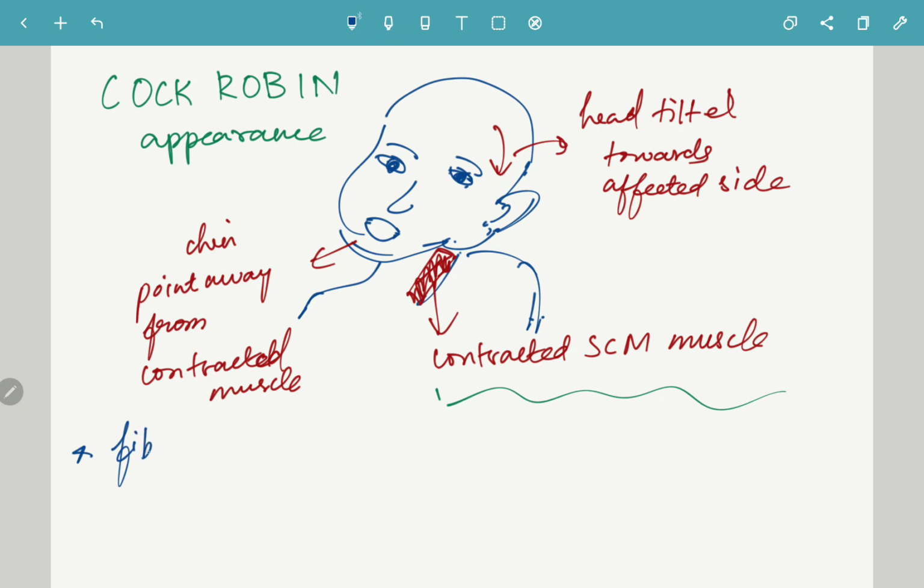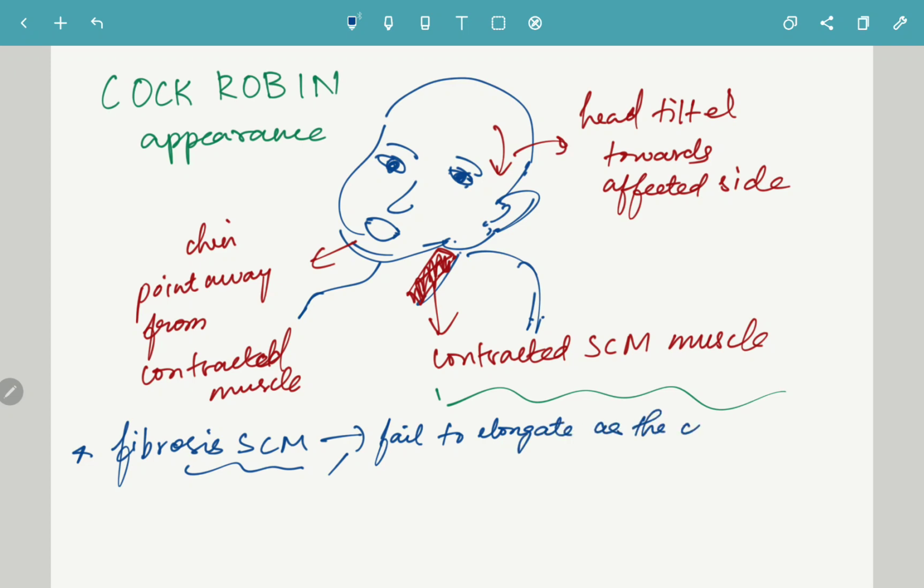This side will fail to elongate as the child grows. So it is due to the fibrosis of the sternocleidomastoid muscle on one side that fails to elongate as the child grows. The cause is muscle ischemia from a distorted position in utero or any birth injury.